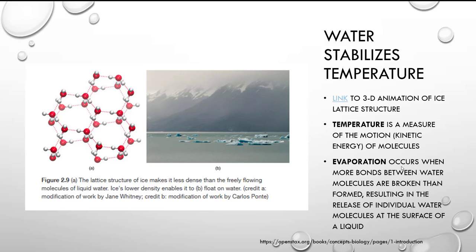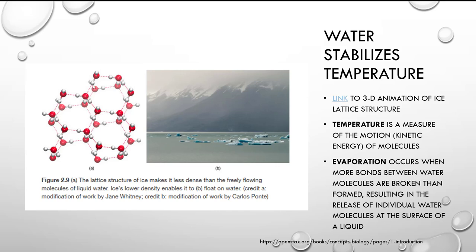Evaporation occurs when more hydrogen bonds are broken between the water molecules than are reformed. That's when individual water molecules are released as water vapor off the surface of the liquid, due to the heating up. The molecules are moving really fast.